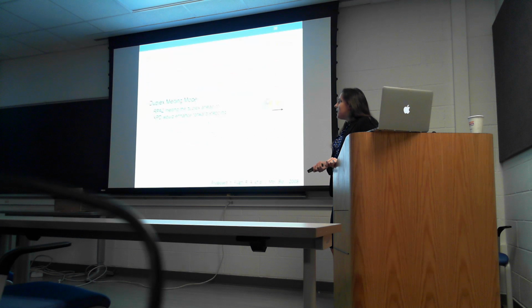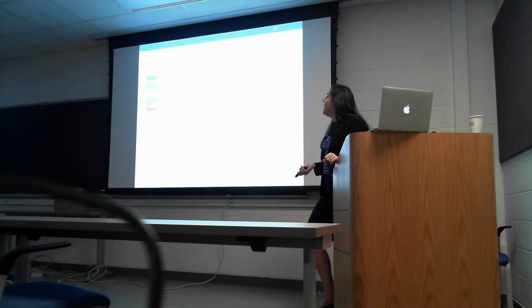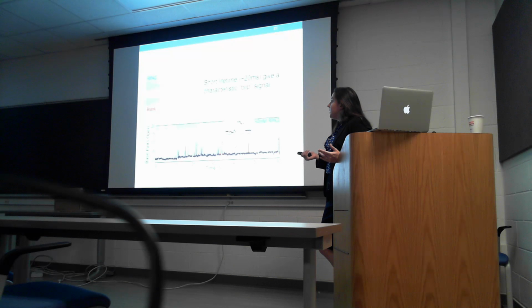So next I'll talk to you about the duplex melting model, where RPA2 melts DNA ahead of the duplex. On its own, which I have not told you yet, but here it is, RPA2 is able to melt or break the bonds of DNA. So in these experiments, I have just RPA, no ATP, no XPD, and I hold the DNA construct at tension in RPA and allow it to bind and unbind.